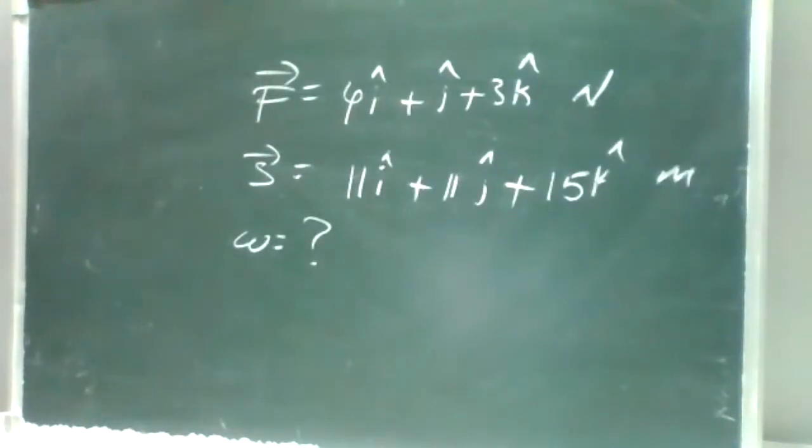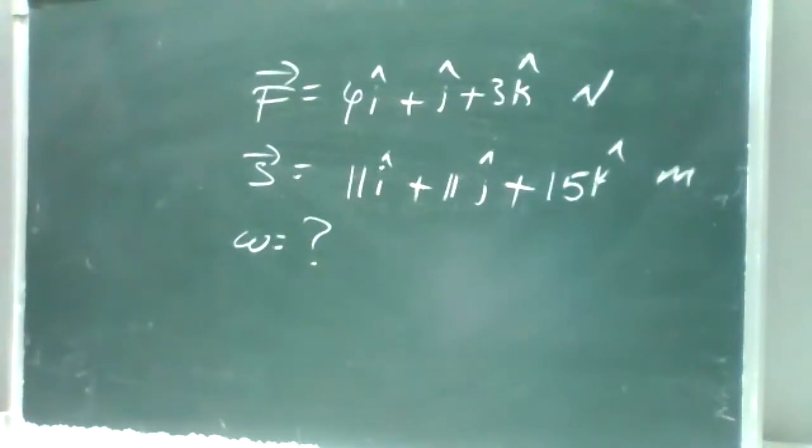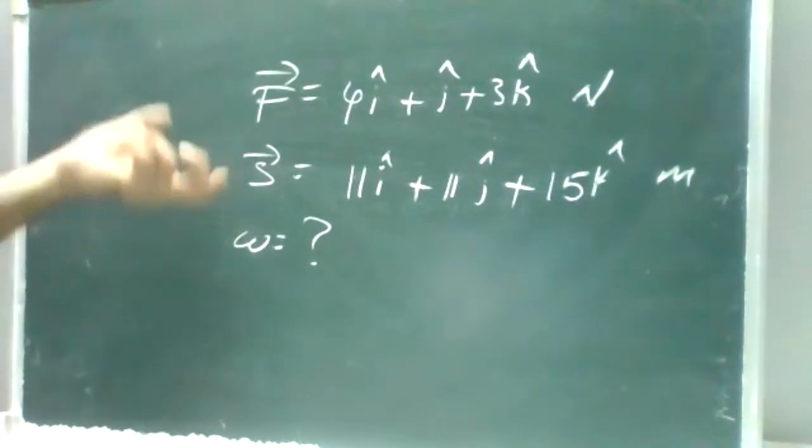Now tell me, is work a scalar or vector quantity? If work is a scalar quantity, when you are multiplying it, it is your dot product. If work is a vector quantity, it is your cross product.